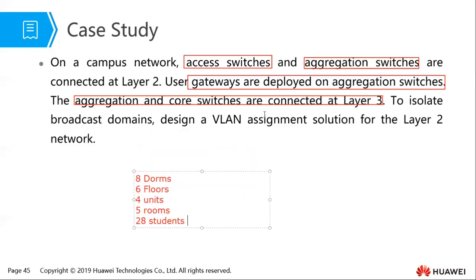So how then would we design a VLAN assignment solution for this particular network? Do we create 8 VLANs, a VLAN for each DOM? Do we create 6 times 8 VLANs so that we have a VLAN for every floor? Is that sufficient? Or do we create 4 times 6 times 8 so that we have a VLAN for each unit?